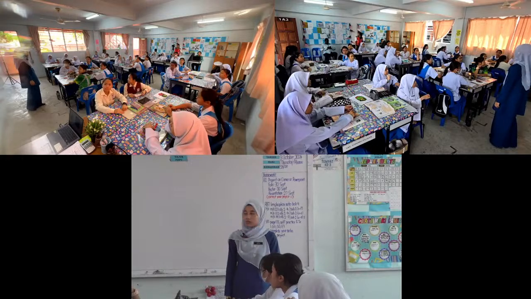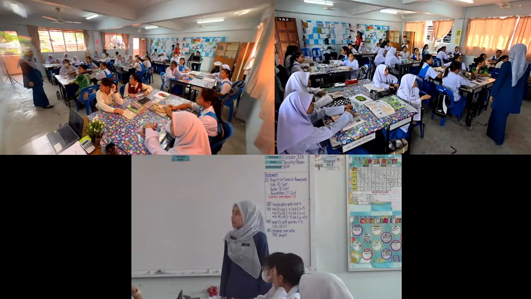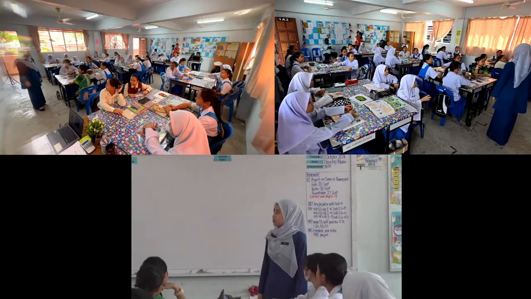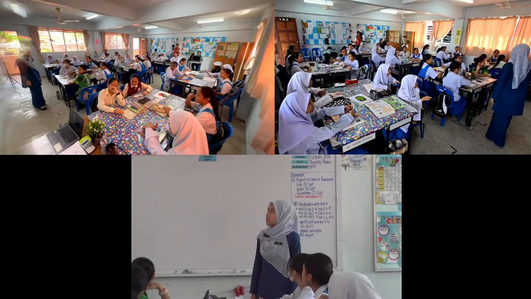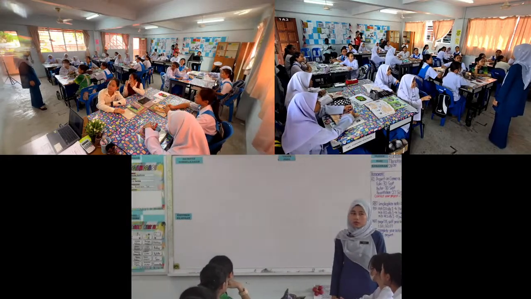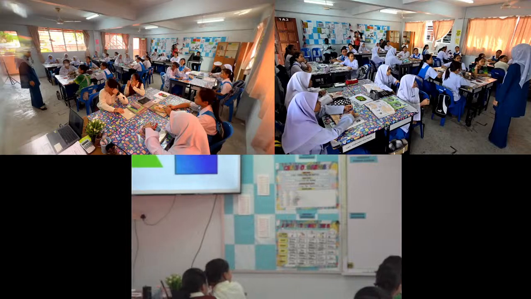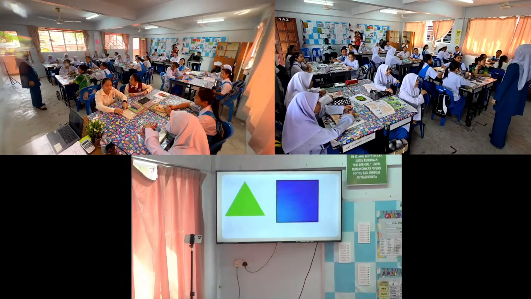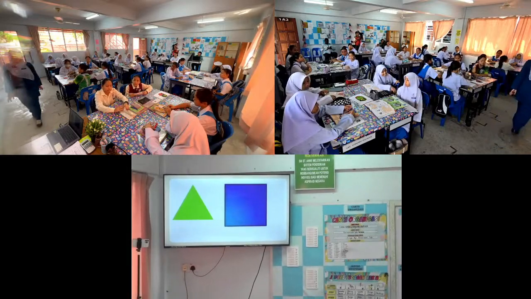Can you guys guess the name of that shape? Triangle. Good. Alright. The second one, the blue color. Square. Rectangle. Square or rectangle? Square. Alright. Okay.